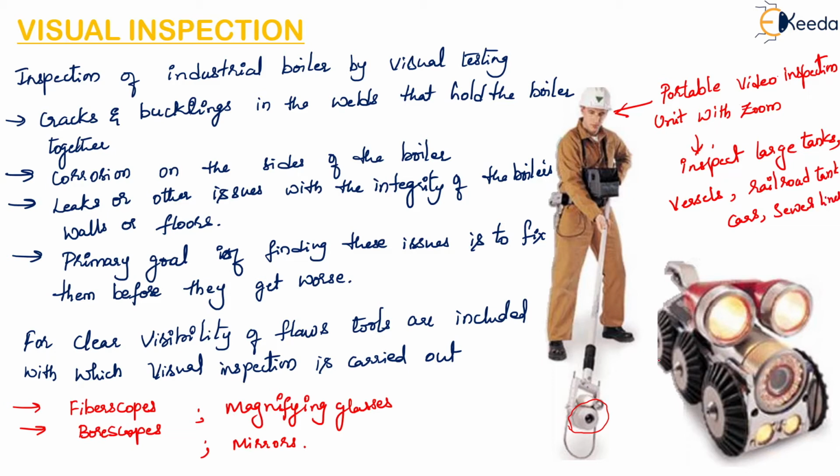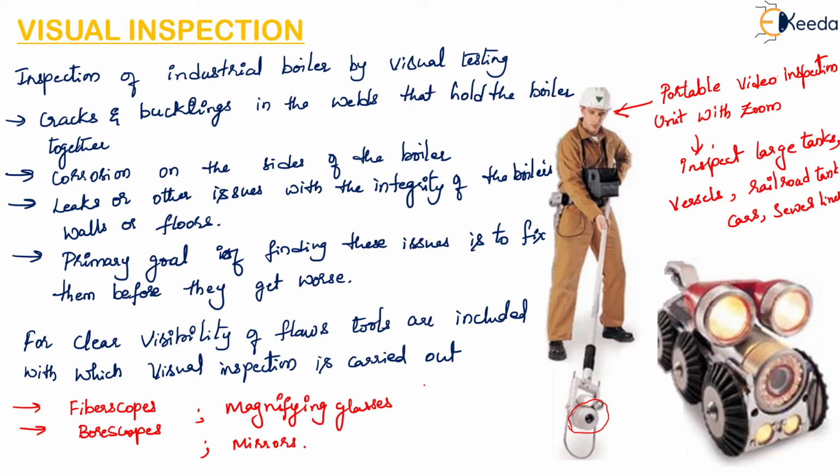Now here we can see a robotic crawler. This unit, which is something like a car, is a robotic crawler, and with its help we can capture video in hazardous or tight areas such as air ducts, reactors and pipelines.